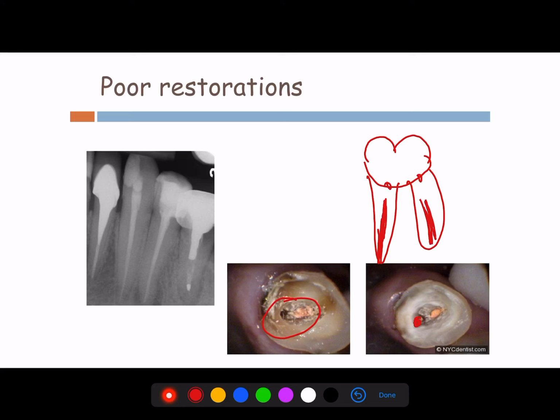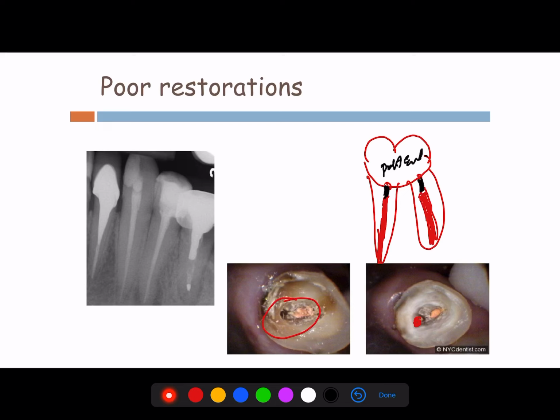The old concept says that your orifice should be filled entirely with gutta-percha. The new concept says that the gutta-percha should stop 2 millimeters below the orifice, and this 2 millimeters you have to seal with a good sealant, most probably a GIC. So you will get a seal here, and over that you are going to do your post-endodontic restoration.